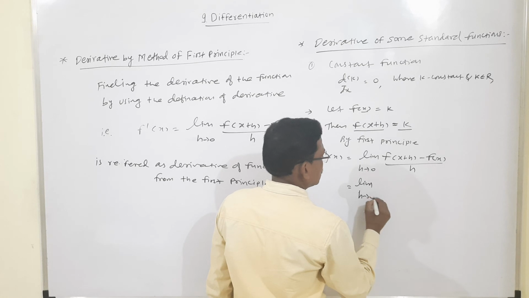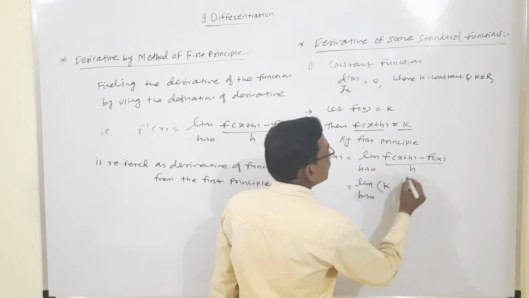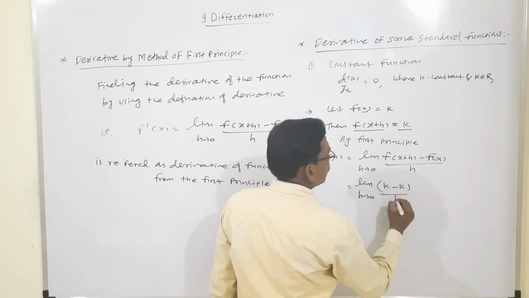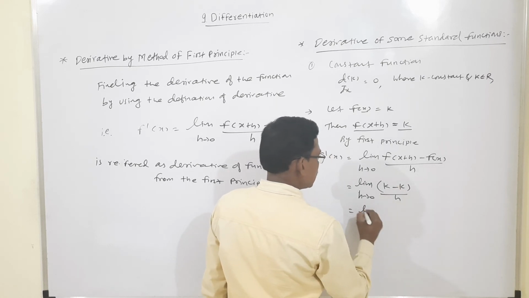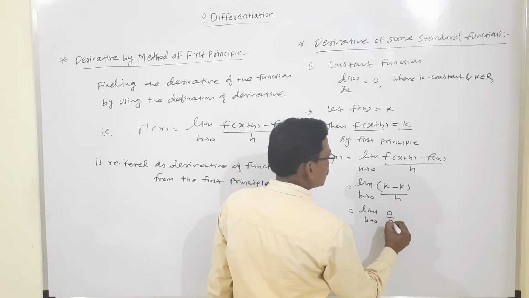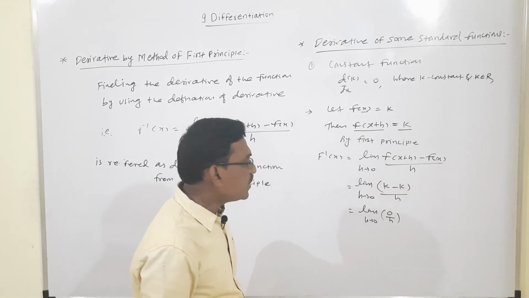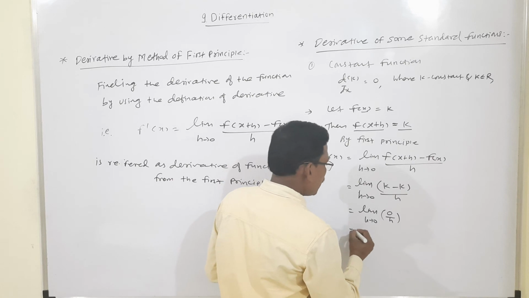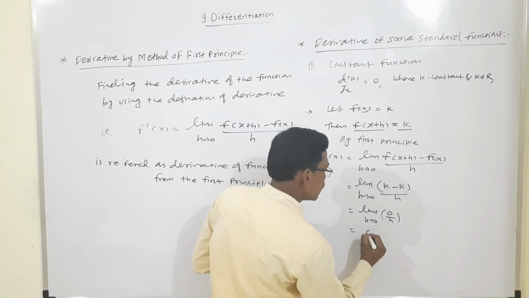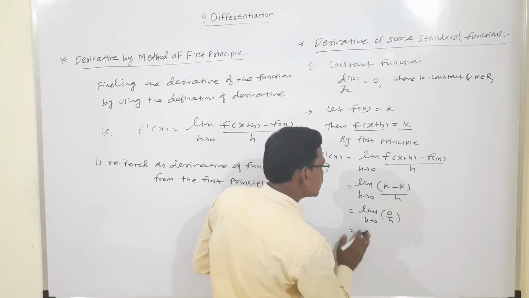Limit as h tends to 0 of k, and also f of x, the value of f of x is k, upon h. K minus k is 0 upon h, and 0 upon anything is 0. So therefore our limit is 0.